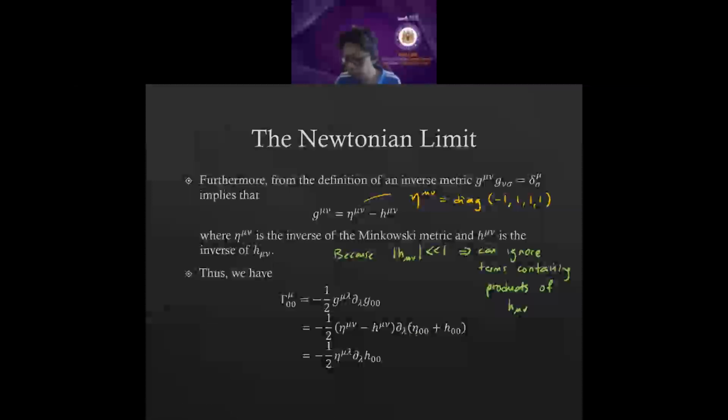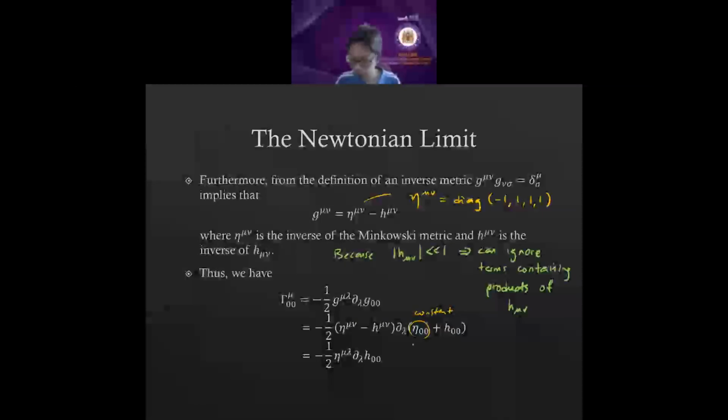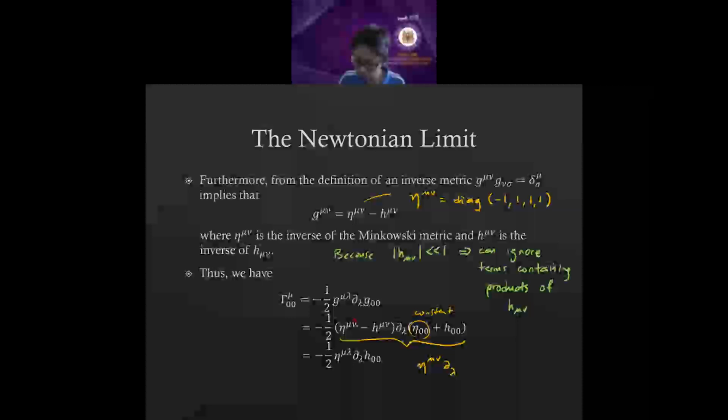Firstly, this one is just a constant, so the derivative of a constant is just going to be 0. So this one has already vanished. We are left only with this one times. Okay, there is a typo. This one should be lambda.